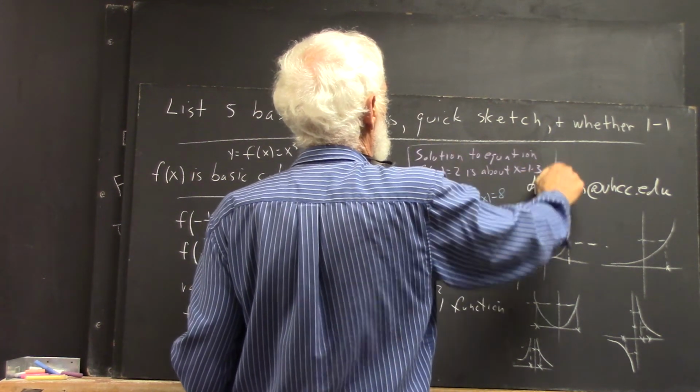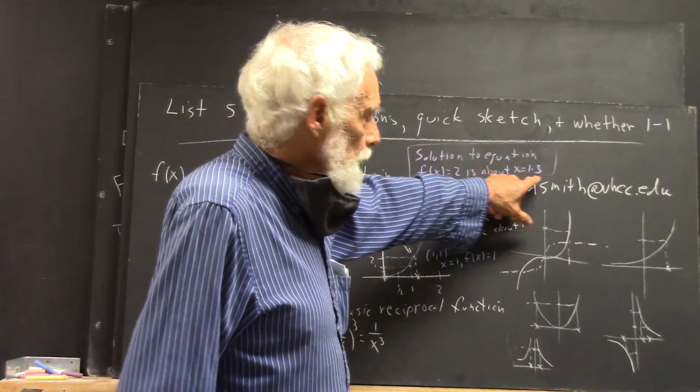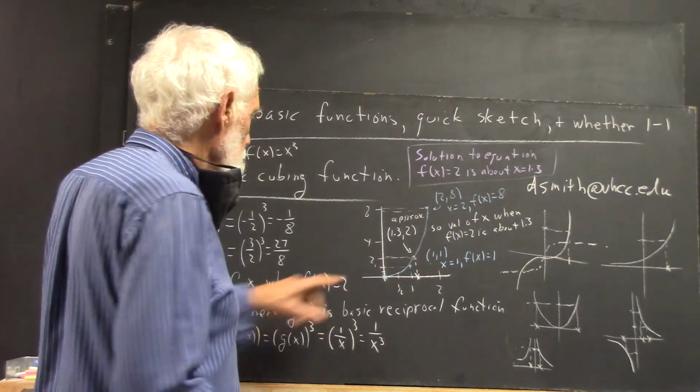The solution to the equation f of x equals 2 is about x equals 1.3. And we get that from the graph.